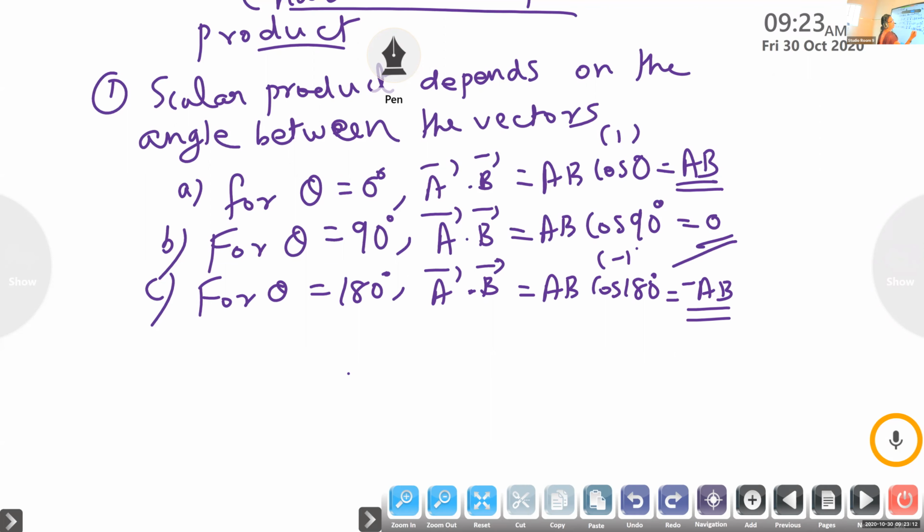Please remember 0, 90, 180. Similarly, sine of 0, 90 and 180. This comes very, very often in our books. So these values everyone should learn by heart. Cos 0 is 1, cos 90 is 0, sine 0 is 0, sine 90 is 1. Just reverse order. So like that.